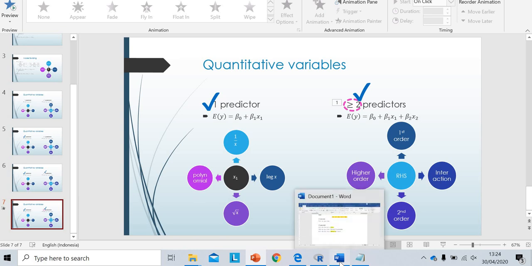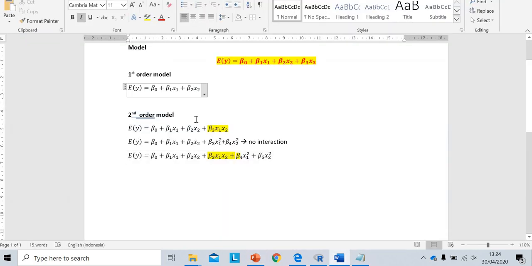two quantitative predictors. If we think there is no interaction at all, and just the first term for each of the variables, then we should just put this simple first order model for all of the variables.